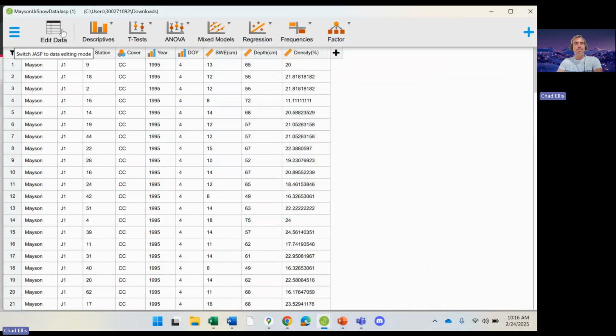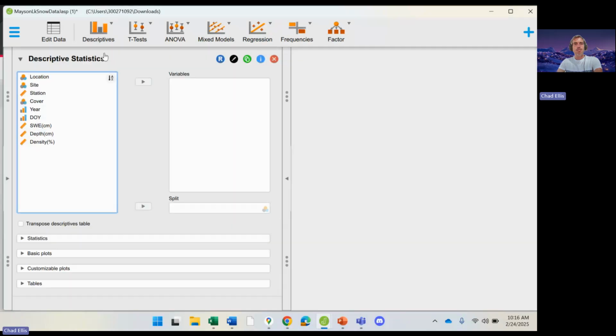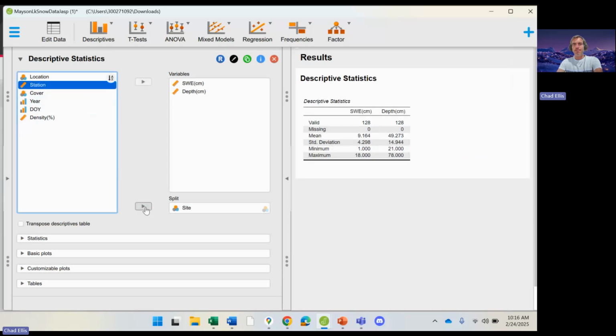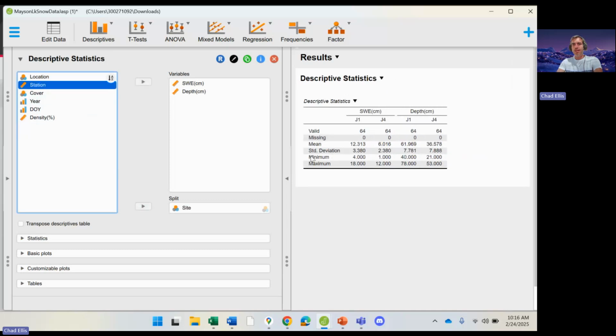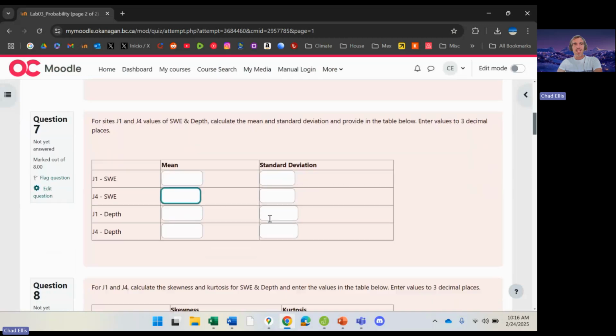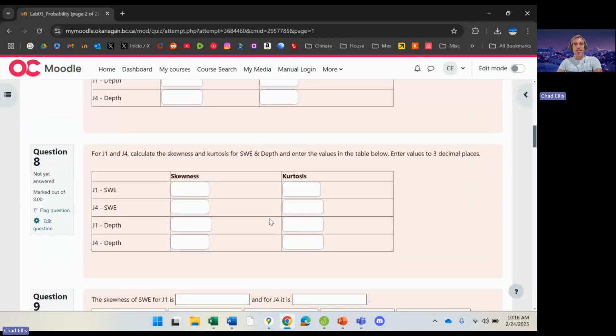So to do that, I'm going to go to my descriptives tab there, and for my variables, I want to look at SWE and depth, and I want to split them by site. So there I have my standard deviation and my mean for both J1 and J4 sites, both for the variables SWE and depth. So that's essentially what we're going to be doing. We're going to be entering those values in this table for question 7.